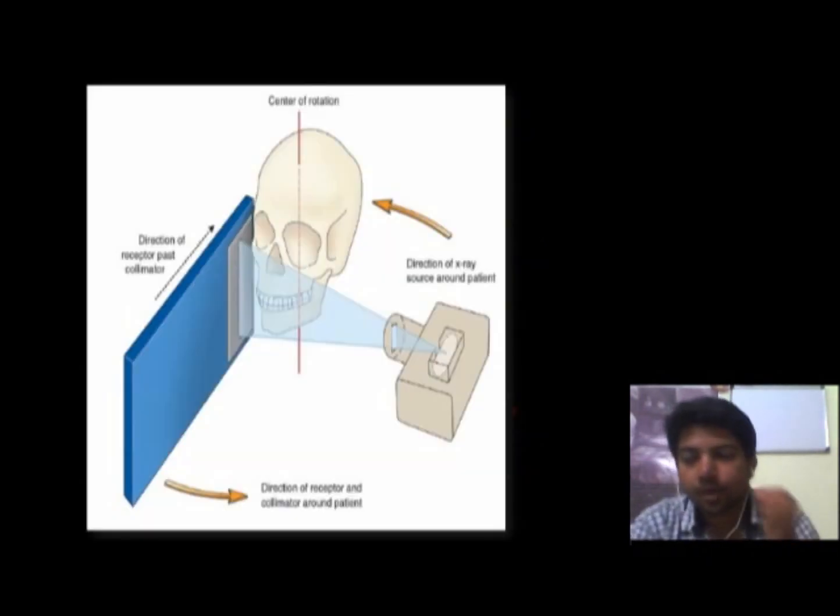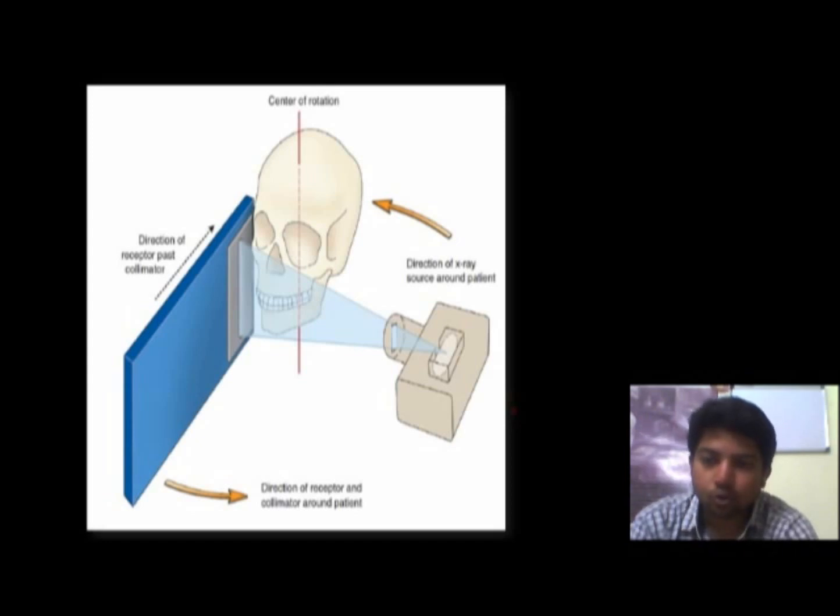In panoramic radiography, if we see here, there is a slit beam collimator in the source, and it allows only a slit shaped beam, and there is a slit shaped opening on the film.